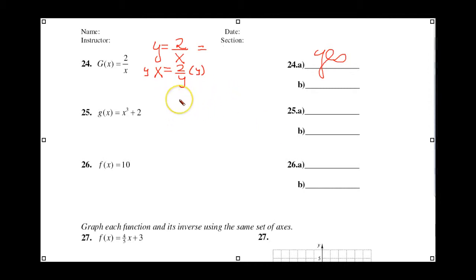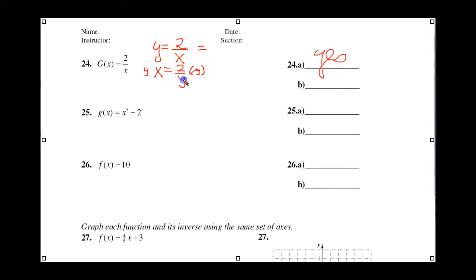Okay, going on here, as we look at this, now when we go to solve the inverse of this, we're changing this to y over 2x. Now we're reversing the signs, and we're solving for y.